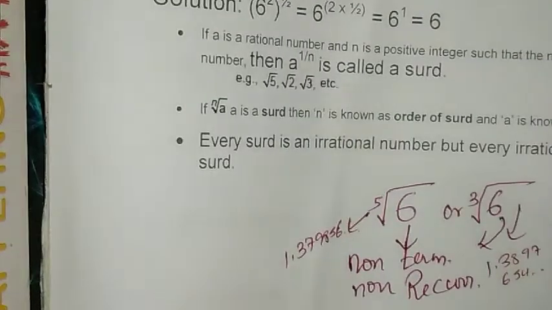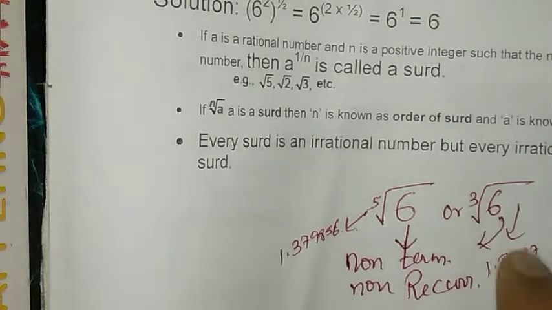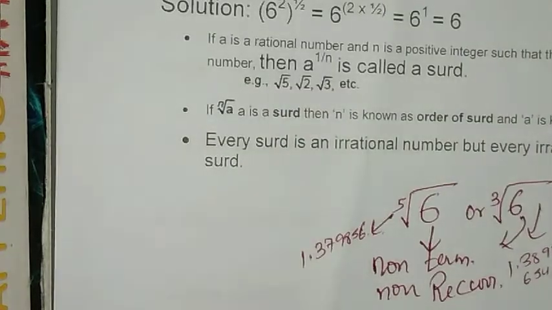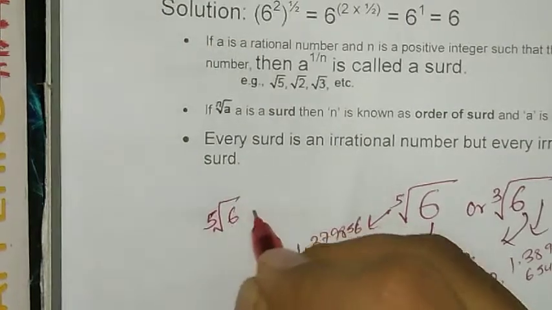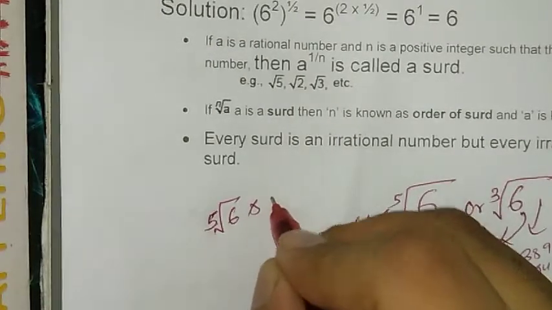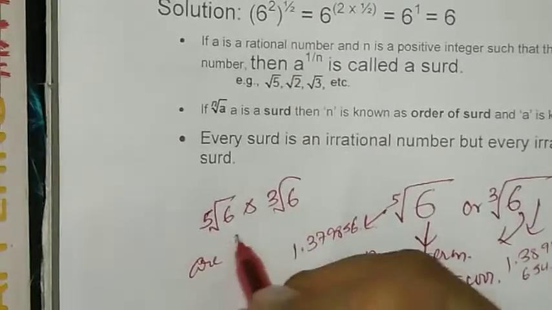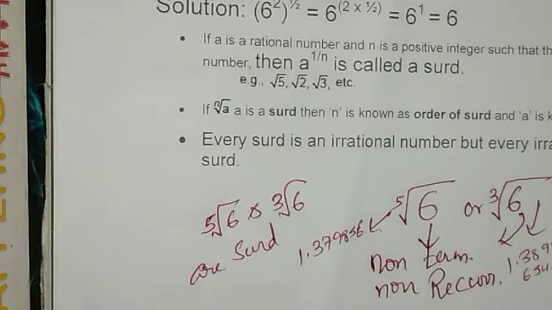There are too many numbers. So these are non-terminating and non-recurring in nature, right? So I'll say that the fifth root of 6 and the cube root of 6 are surds. They are called surds.